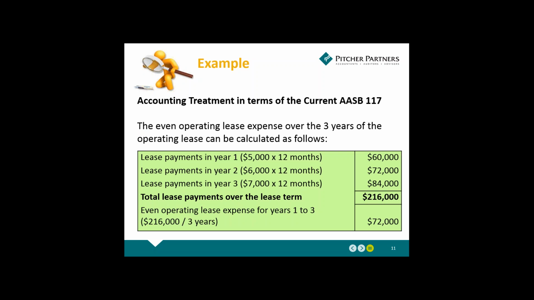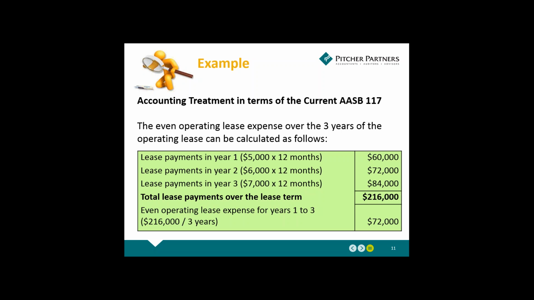Therefore, with an operating lease, we determine an even operating lease expense over the 3 years. We could use a different method if a different method would give rise to a systematic allocation. But in this instance, it's a time period that you'll be using the building. So we work out that an even operating lease expense would work out to be $72,000 per year.